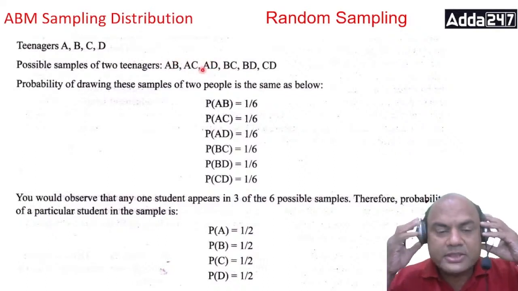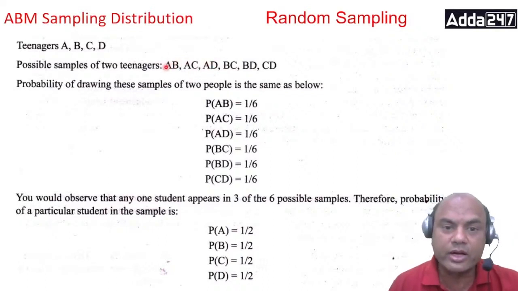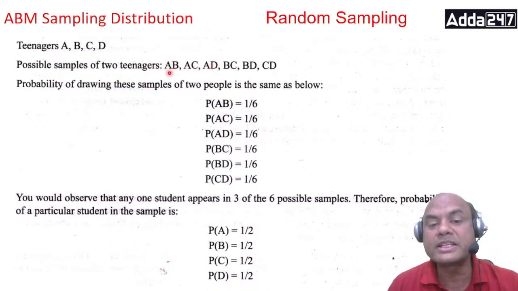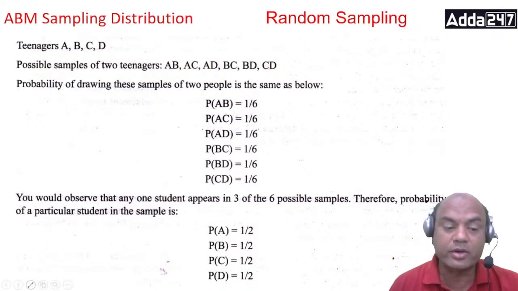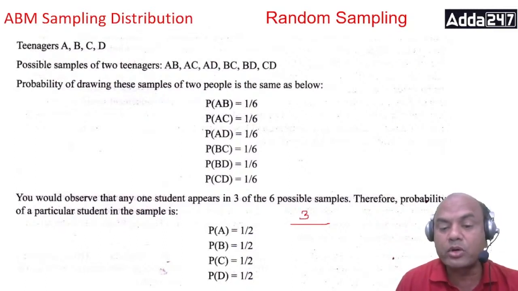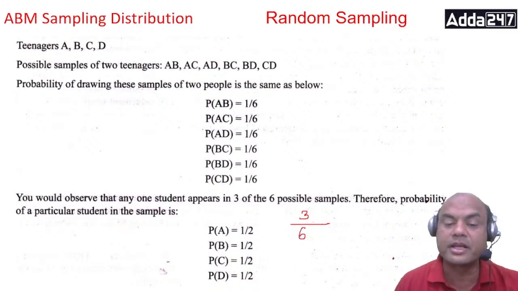So A can be selected in 3 ways, right? 1, 2 and 3. 3 groups. Out of how many? So 3 divided by 6. Very important part. This becomes a technical part. So A can be selected in 3 ways, 3 upon total 6. So 3 upon 6 is 1 by 2. So here comes the answer of 1 by 2.